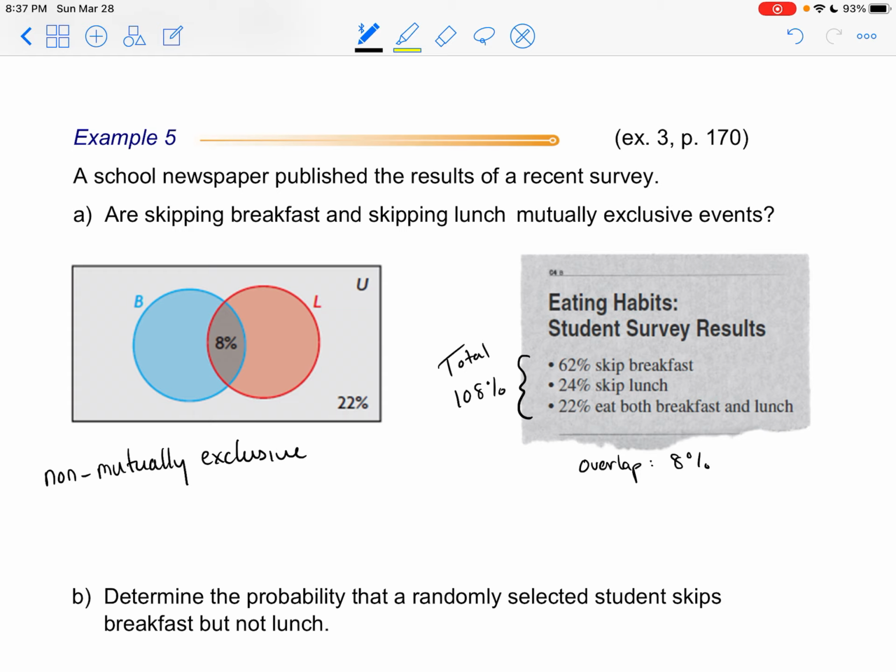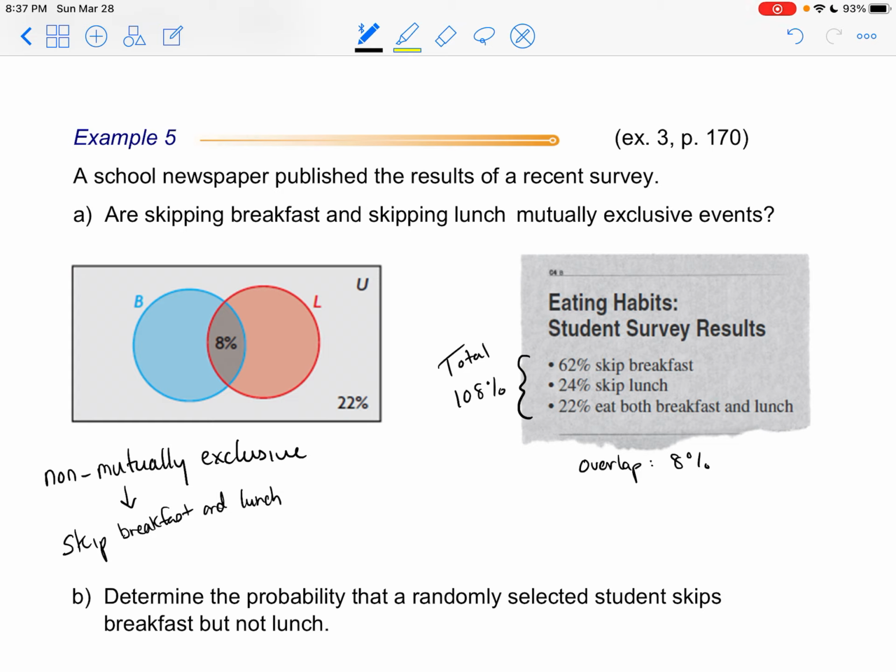Non-mutually exclusive, so skip breakfast and lunch are non-mutually exclusive.